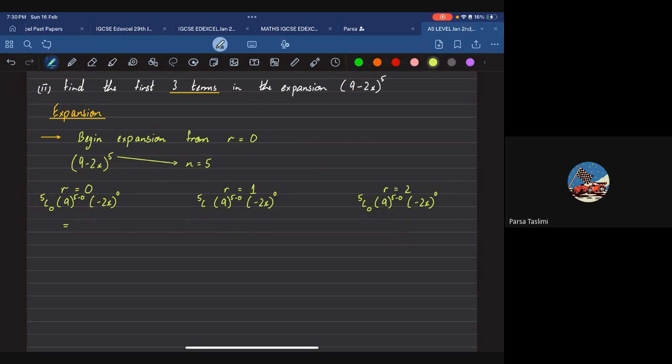So this is going to be 5C1, 5 minus 1, minus 2x raised to the power 1, 5C2, 5 minus 2, minus 2x raised to the power 2.